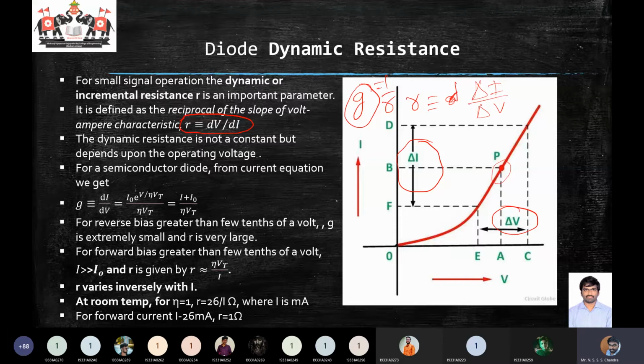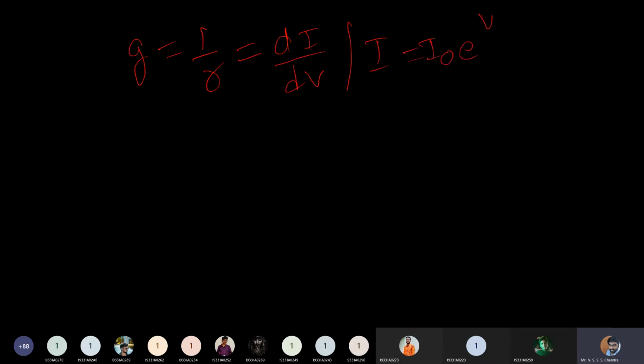So your g will be equal to 1 by R, that is equal to dI by dV. And you know that I is equal to I naught into exponential of V by eta VT minus 1.